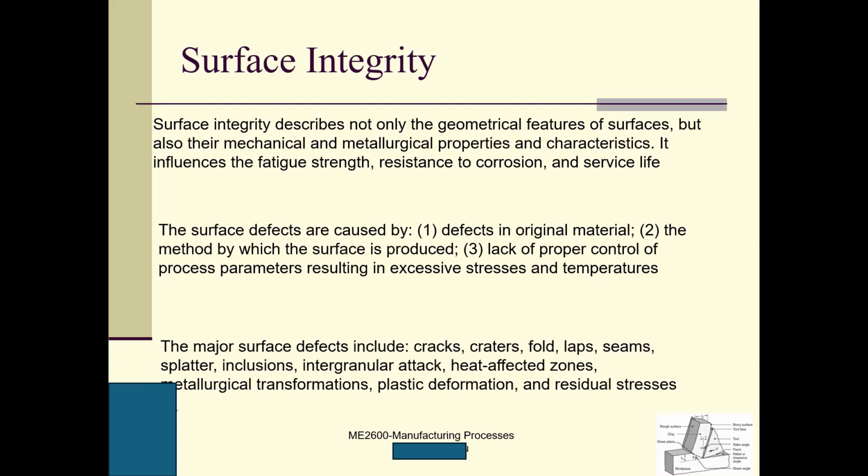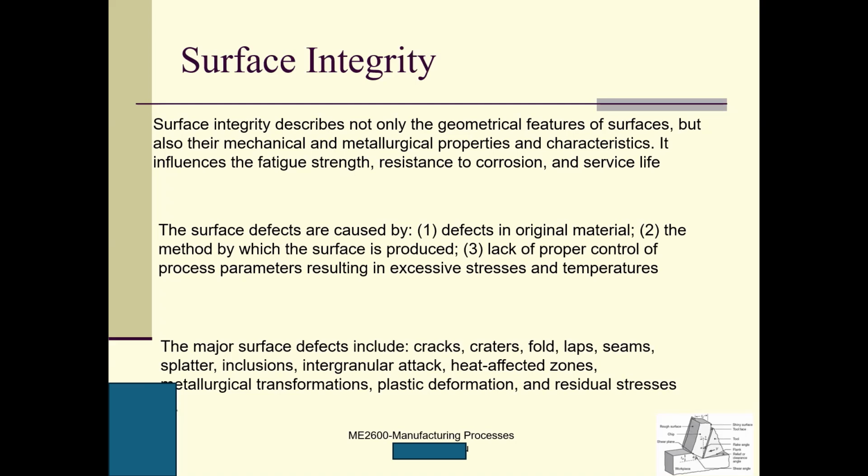Surface integrity includes geometrical dimensions, dimensional accuracy, and also mechanical and metallurgical properties of the surface. The surface defects are caused by defects in the original material. You already have defects here. Second, the method by which the surface is produced, okay?